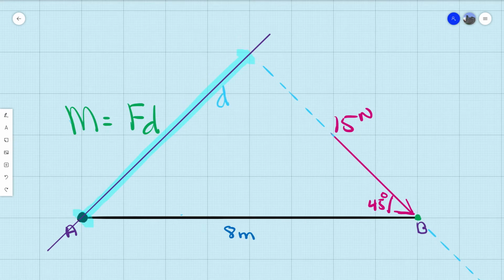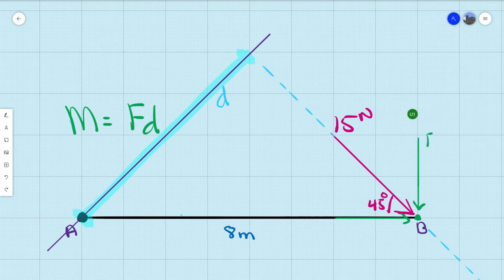Now we can either calculate that distance, or we brush off our physics knowledge and break this applied force into components. And the components of a force are the projections, in a sense, onto an axis. And if you don't know what that means, that's no big deal. Basically, a component is the amount of our diagonal force that is working in one direction.